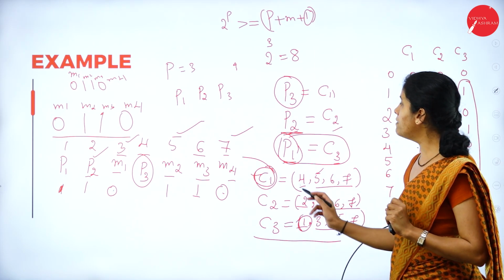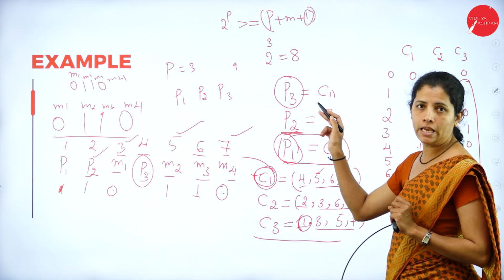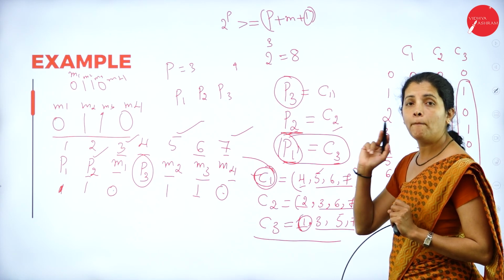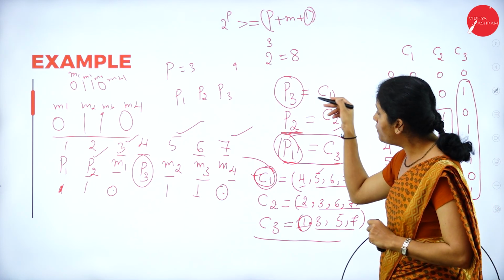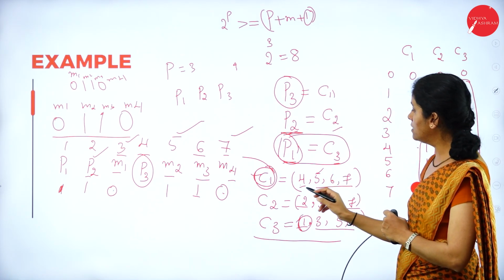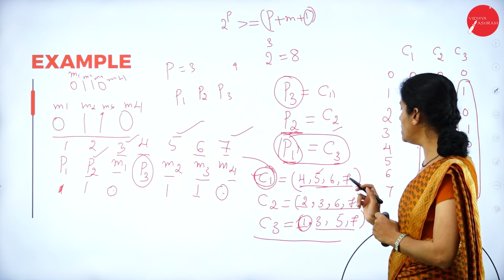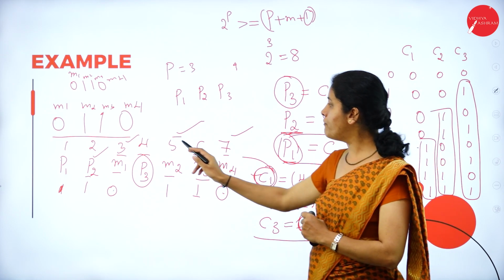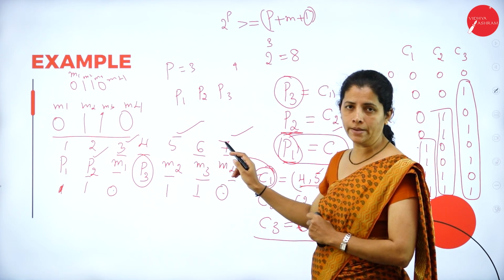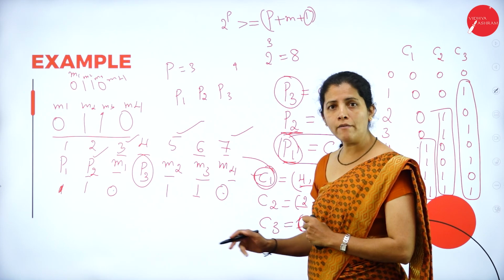Now, C1 is nothing but the P3. So, now I want to find parity bit 3. To find parity bit 3, what numbers do I want to consider? 5, 6 and 7. See here, I am going to have 2 ones.